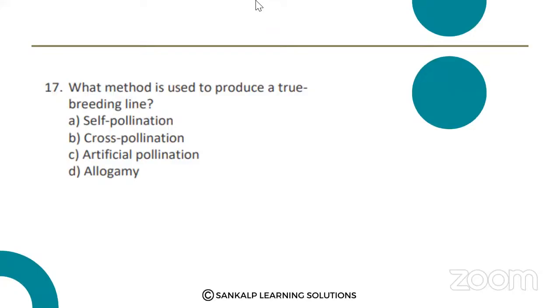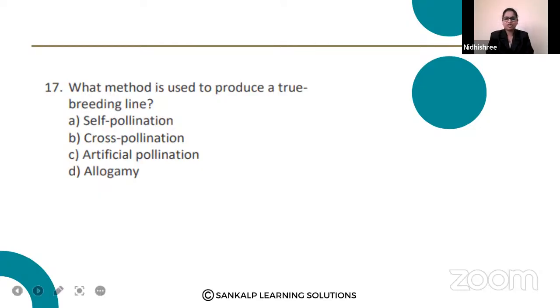Option A, self-pollination, is the right answer. What about artificial pollination?